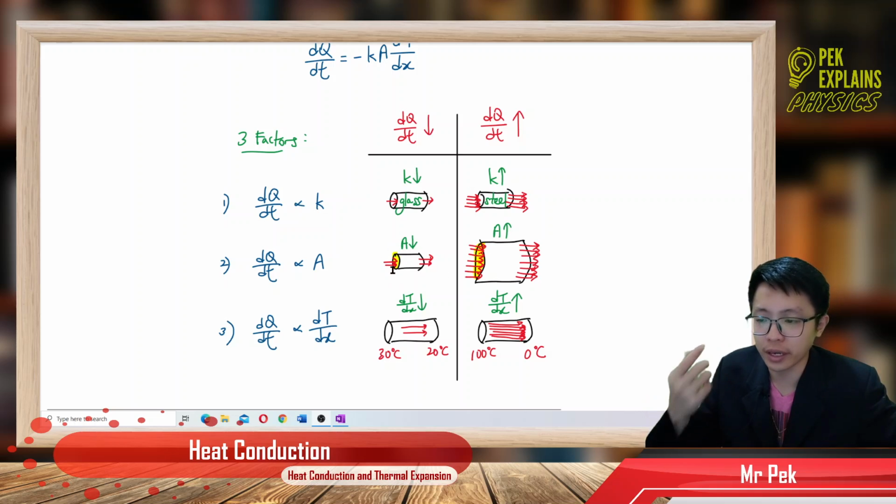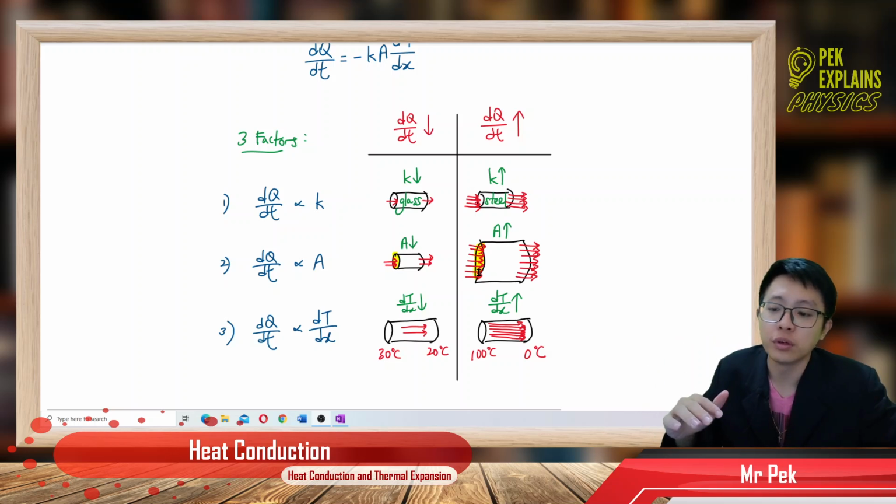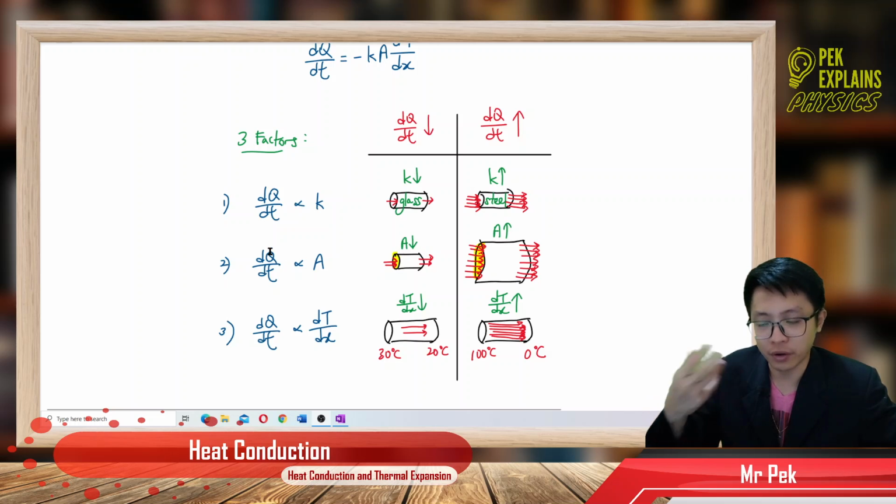If the area is small, less heat can flow through per unit time. But if the cross-sectional area is big, it allows more heat energy to flow through per unit time. So the bigger the area, the bigger the rate of heat flow. So rate of heat flow is proportional to the cross-sectional area.